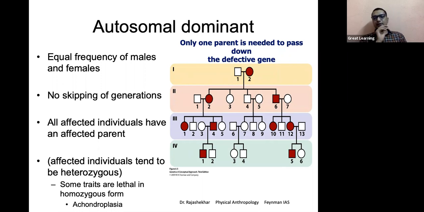So autosomal dominant disease means what, Sunil? Sir, any trait which has not come from sex chromosomes. Okay, so meaning it has come from an autosome, one of the 22 pairs of autosomes. Correct? Right. Dominant means, what does dominant mean, Shweta?